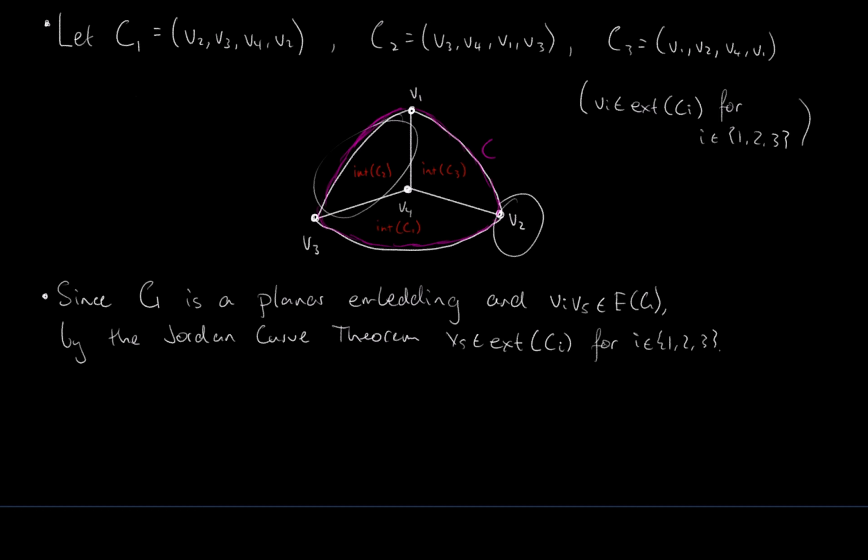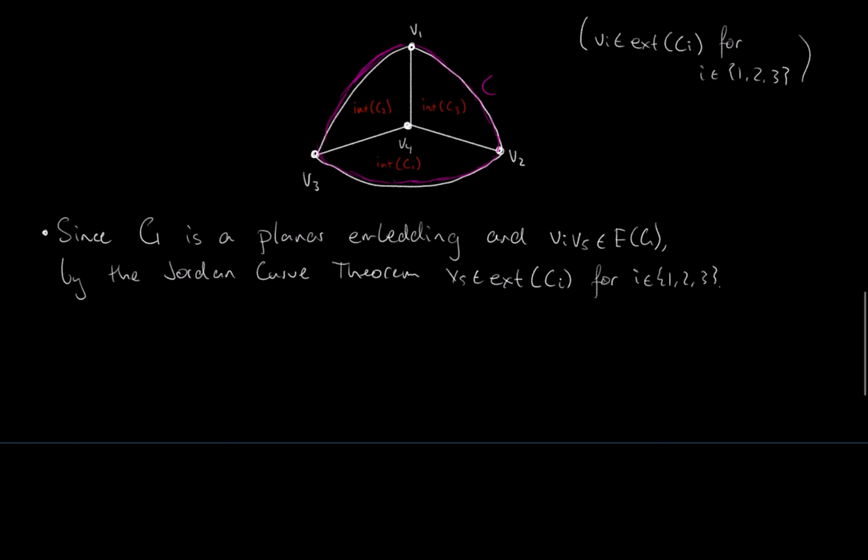And because V2, V5 is part of the edge set, it must remain in the exterior of that cycle. And that's basically what I've said. If you think about the other vertices and the other cycles, V1, V2, V3, you'll notice that V5 must live in the exterior of the corresponding cycle for these cases here.